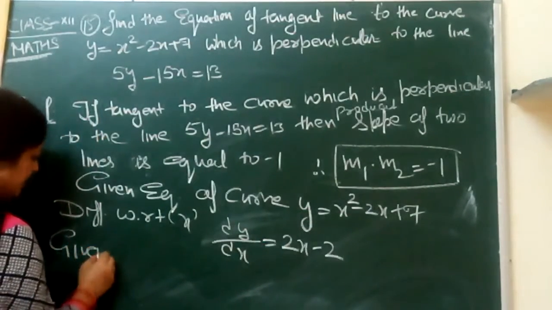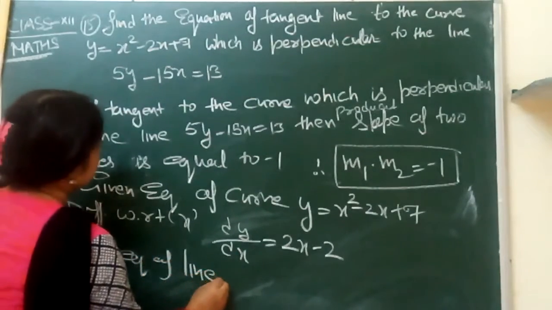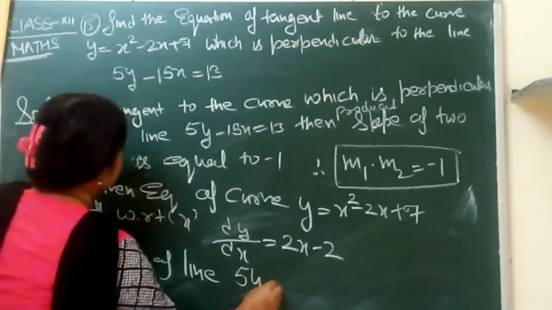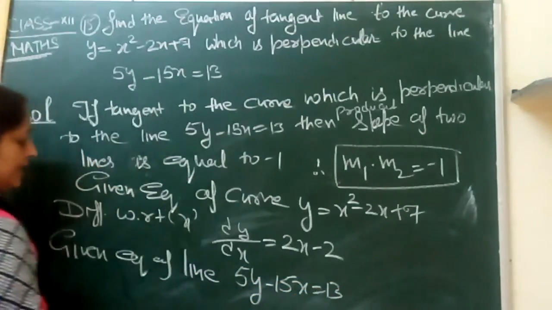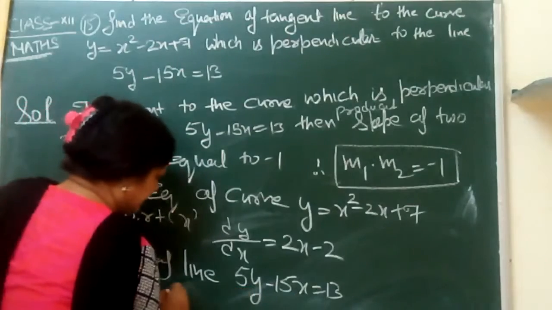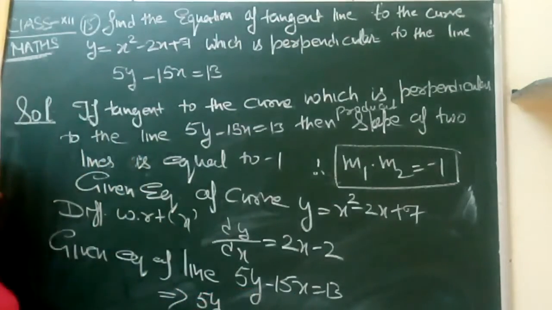Given the equation of the line, 5y - 15x = 13. Therefore we can write this equation in the form y = mx + c.